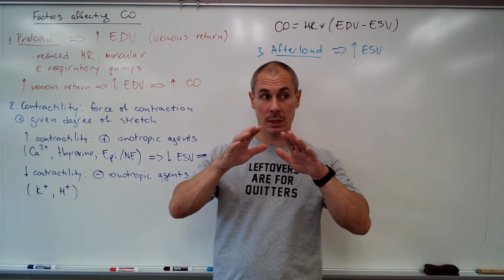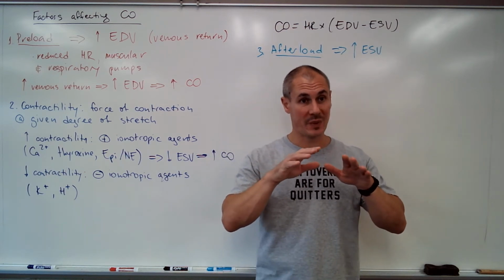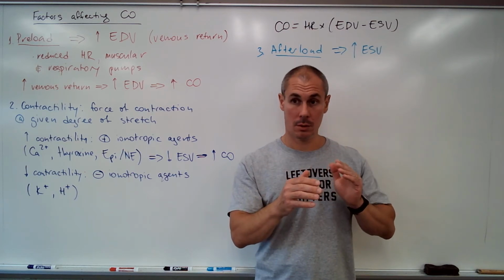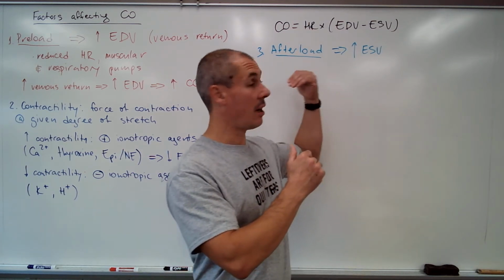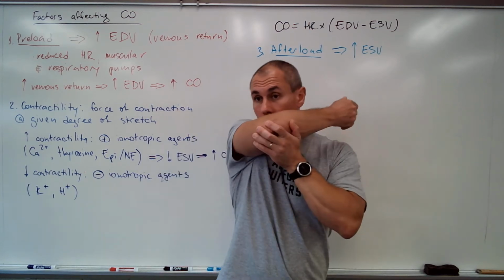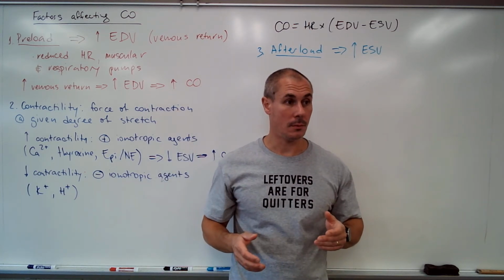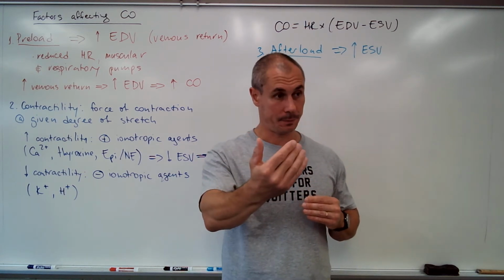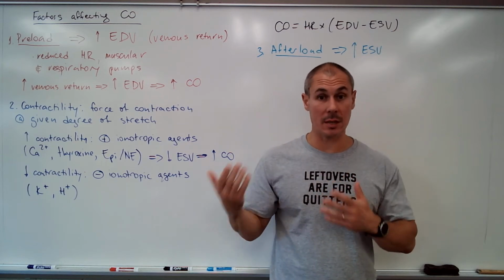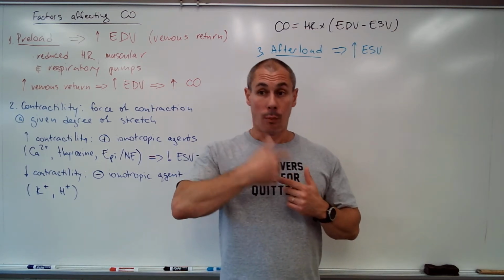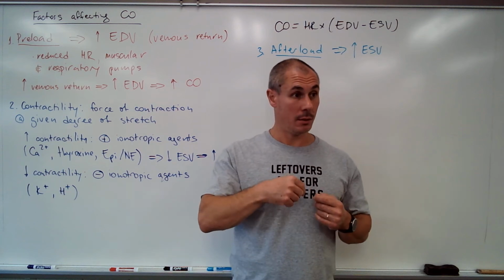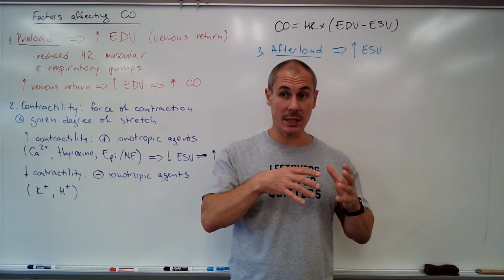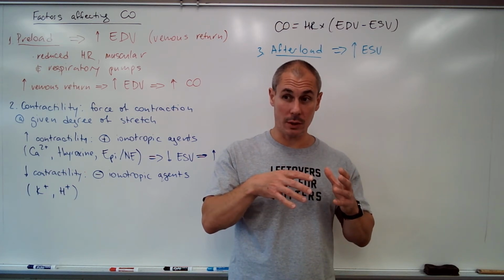Now, I want you to think about what I'm going to say. The higher the blood pressure, the higher the afterload. Does that make sense? When your heart has to work against certain resistance, if that resistance, the systemic blood pressure is high, more blood will be left in the ventricle. Does that make sense?